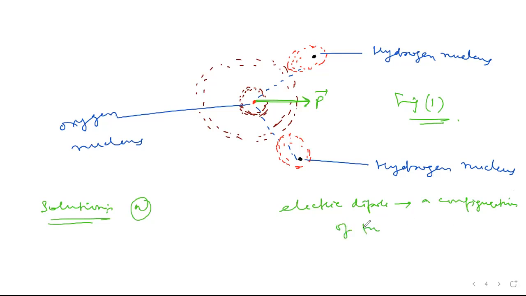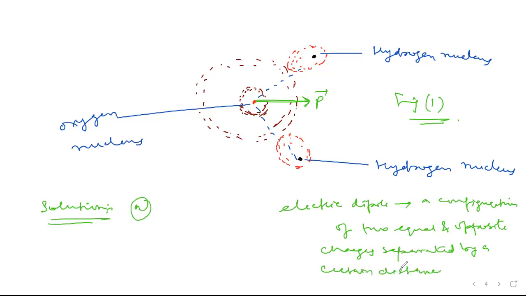That means if I have a plus Q charge and a minus Q charge and they are separated by a certain distance d, this configuration of charges is called an electric dipole, right?